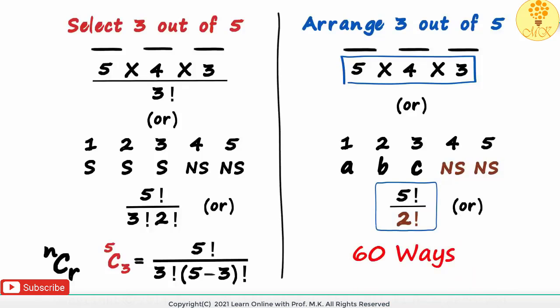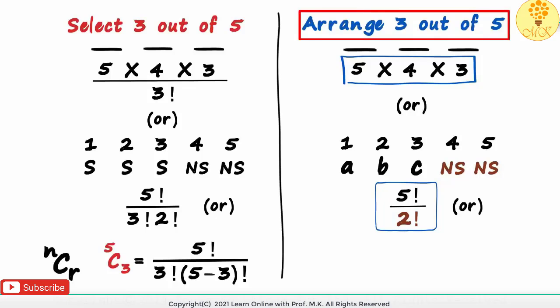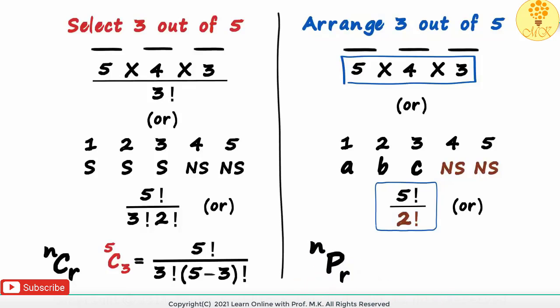And we also have a formula to find the number of ways in which we can arrange 3 out of 5. We can use the nPr formula. We use permutation as we have to arrange the objects. Arrange r objects from n distinct objects. It equals n factorial over n minus r factorial.